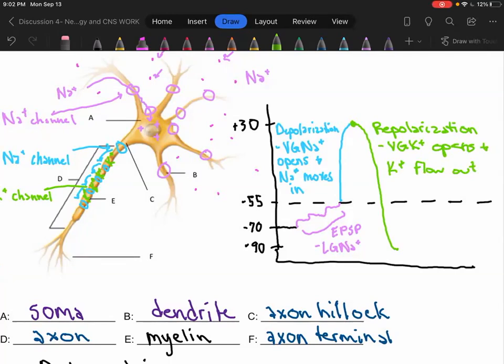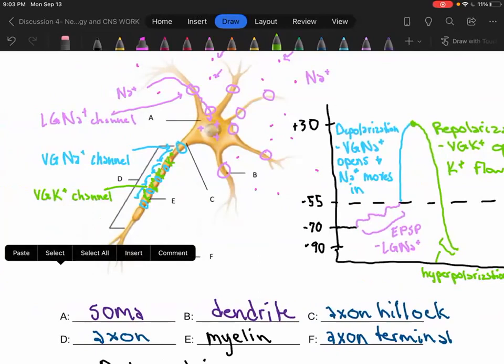It actually becomes hypernegative, and we call that hyperpolarization. And that lasts for a very short time. So those voltage-gated potassium channels open, and what we see next is we now move to the axon terminal.